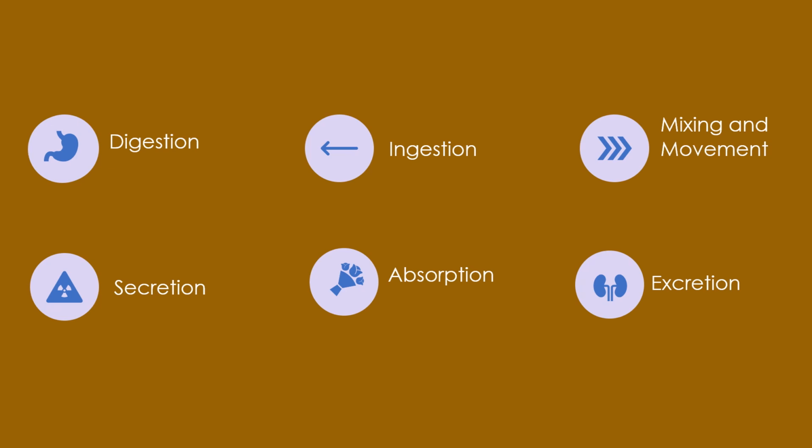The absorption process begins in the small intestine, where all the nutrients and minerals are absorbed from the food, and then excess water from undigested food is absorbed by the large intestine. Then excretion. This process removes the undigested substances and waste products from the body through defecation.